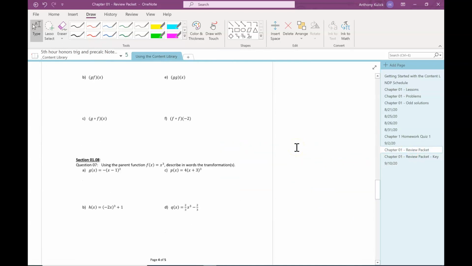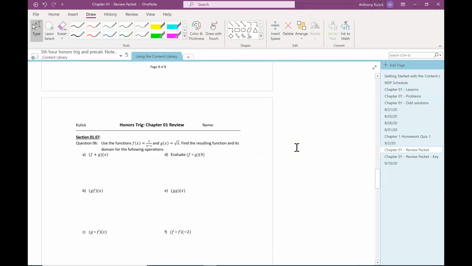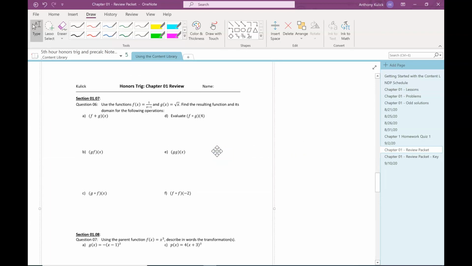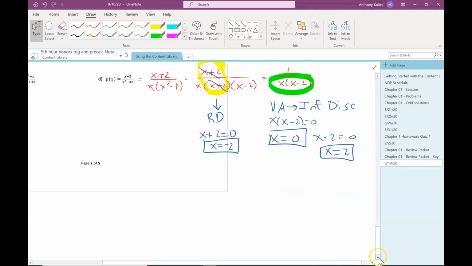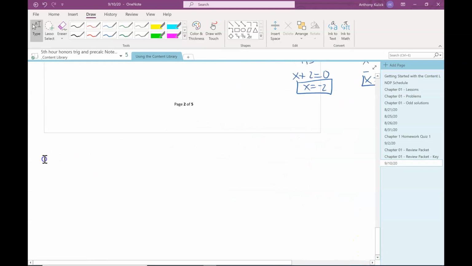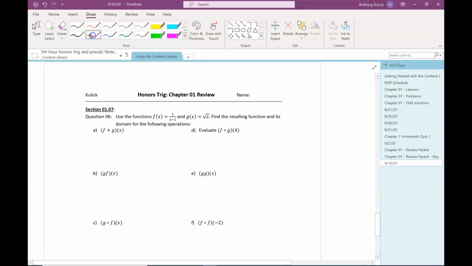Let me look at 1.7. Okay, so these guys here. All right.